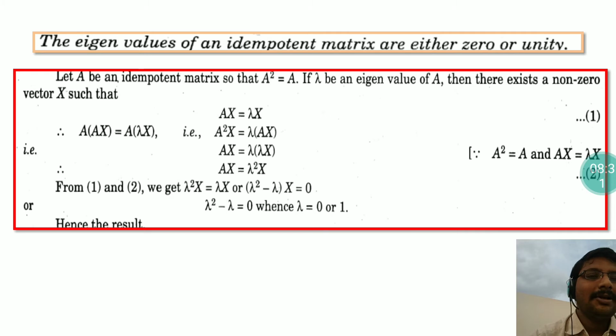But x cannot be 0 because an eigenvector cannot be the zero vector. So lambda square minus lambda must be 0, which gives lambda equal to 0 or lambda equal to 1. So the idempotent matrix eigenvalues are either 0 or 1. So clearly proved.